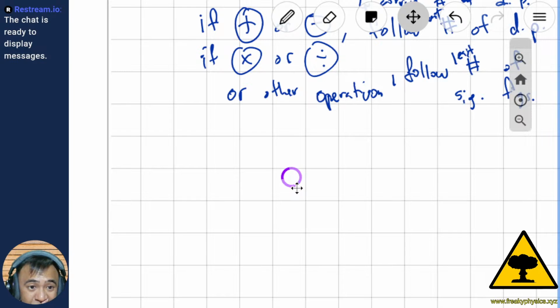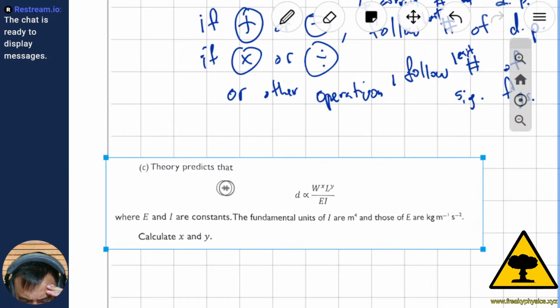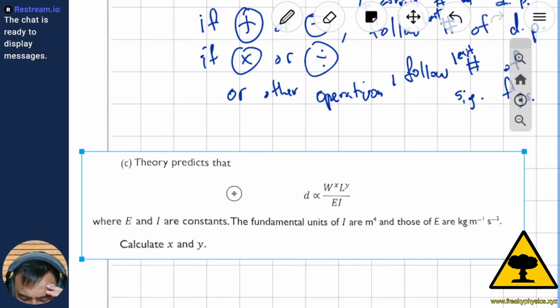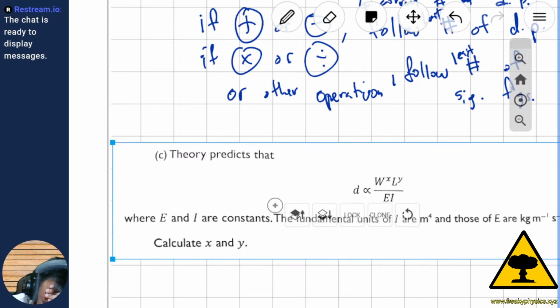Okay, here we go. So theory predicts that this is the relationship between those things. So calculate X and Y from the graph. Calculate means we need to get a value, okay? So from the graph, I think we need a graph for this.